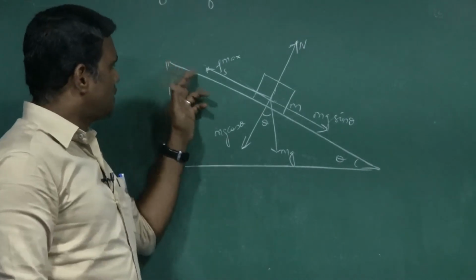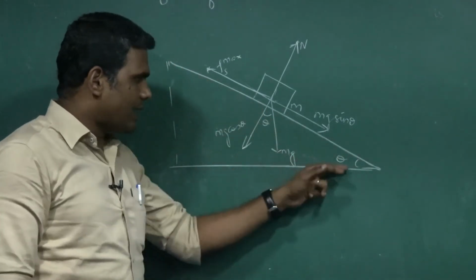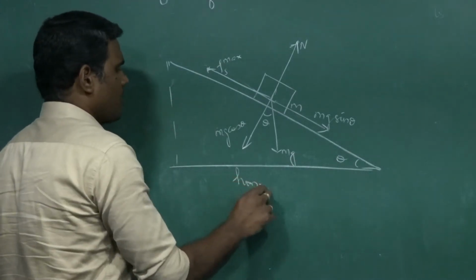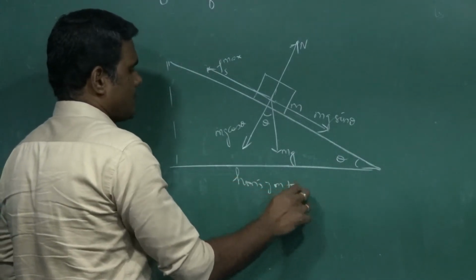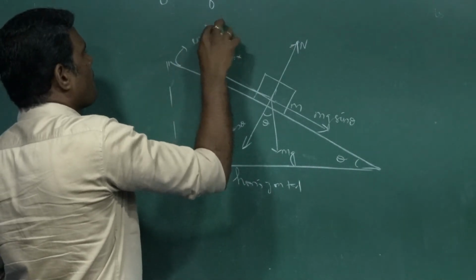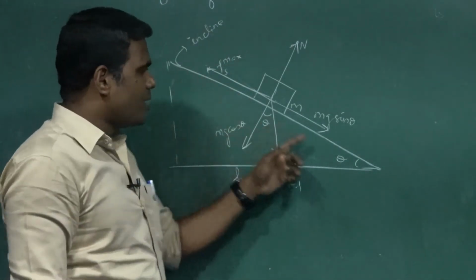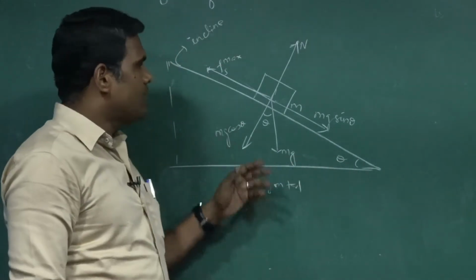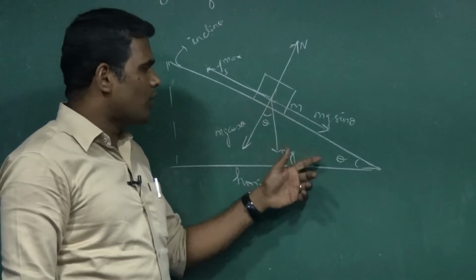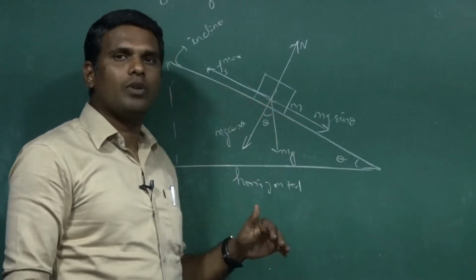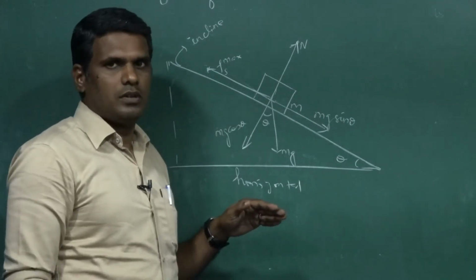Now, let us consider an inclined plane which is making an angle theta with the horizontal. This is the horizontal. This is the incline. If the angle made by the incline with the horizontal is very small, then the block placed over the incline will not move.